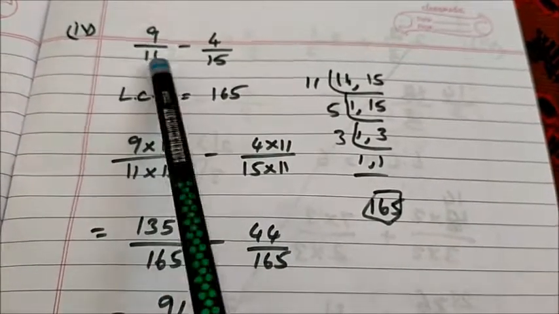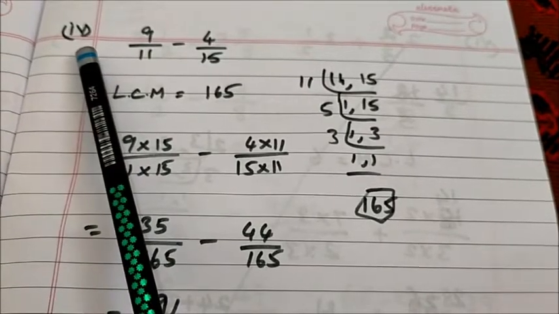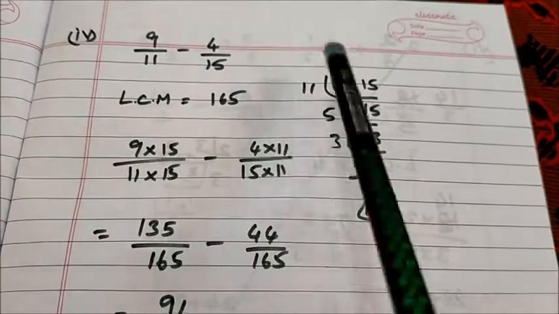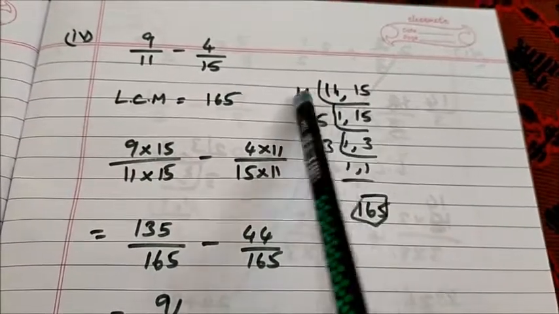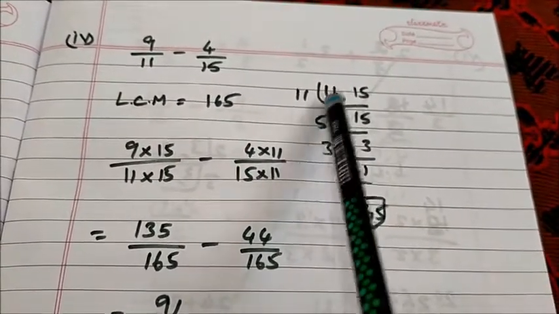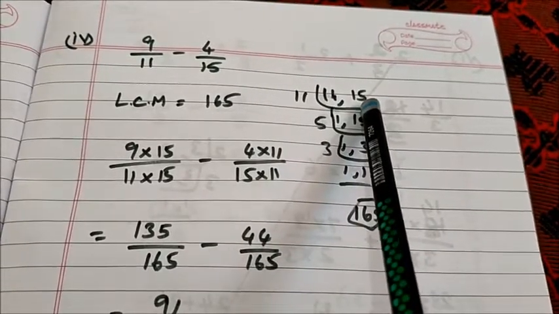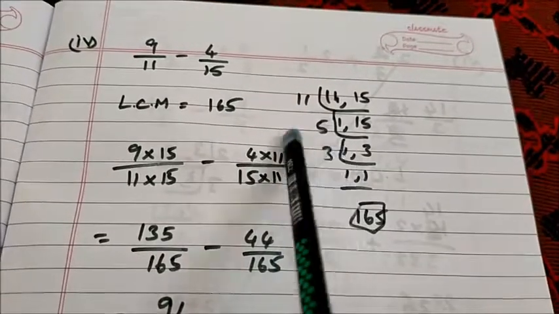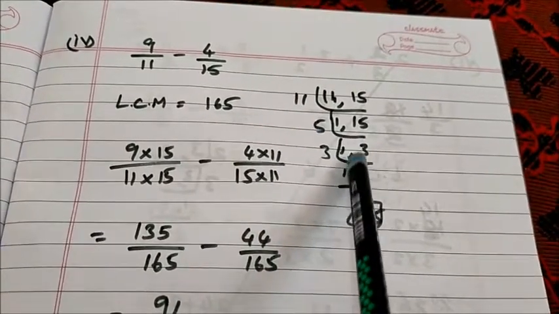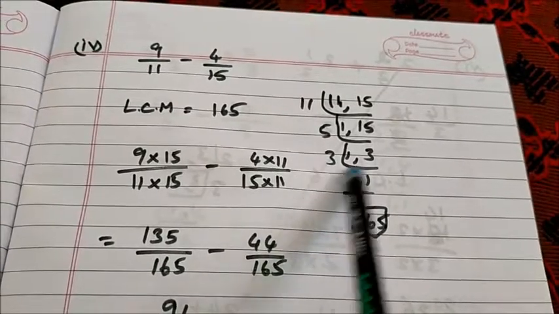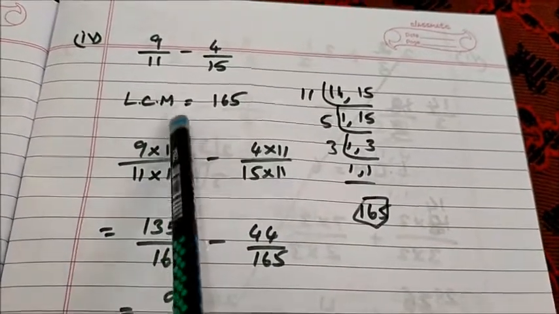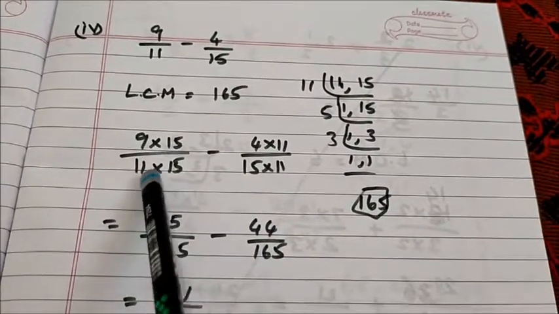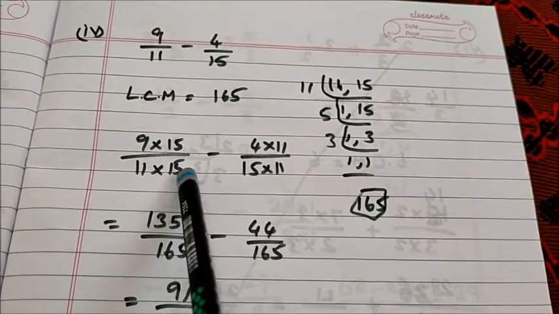Next is the fourth sum: 9 by 11 minus 4 by 15. For 11 and 15 we have to take the LCM. 11 goes with 11 but not with 15, so you write the same 15. 3 5s are 15, and 3 goes with 3. Multiplying these, the LCM is 165. 11 into 15 is 165.